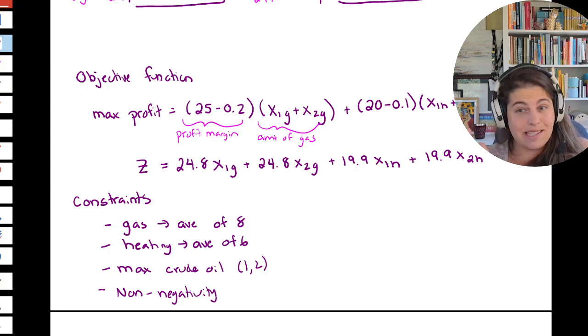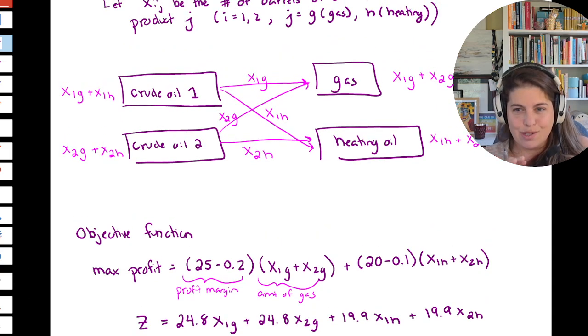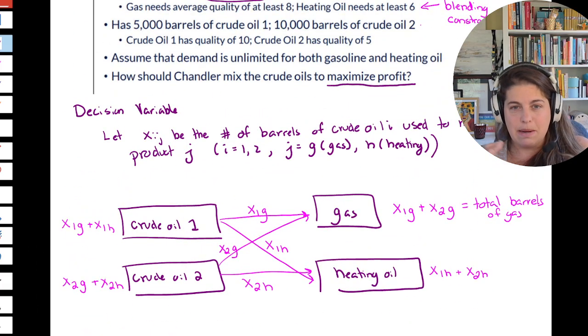This question is simplified down because it's a teaching example where we don't actually have costs associated with crude oil 1 and crude oil 2 specifically, right? And because we're trying to maximize profit, we are just going to use 5,000 barrels of crude oil 1 and we're going to use 10,000 barrels of crude oil 2.